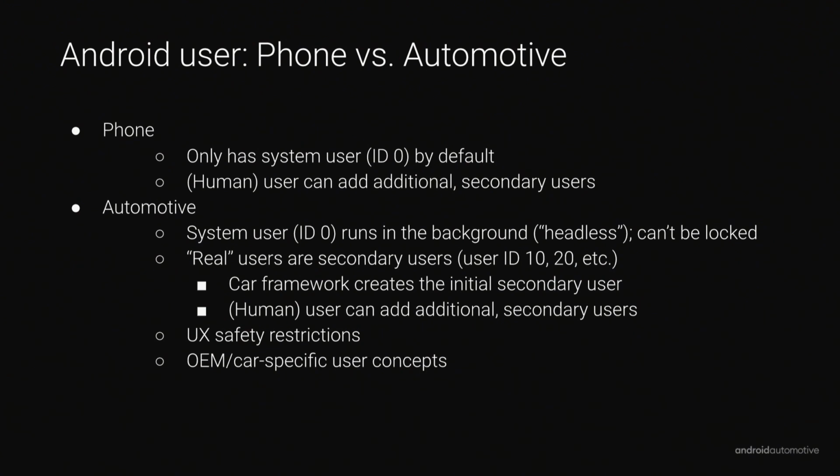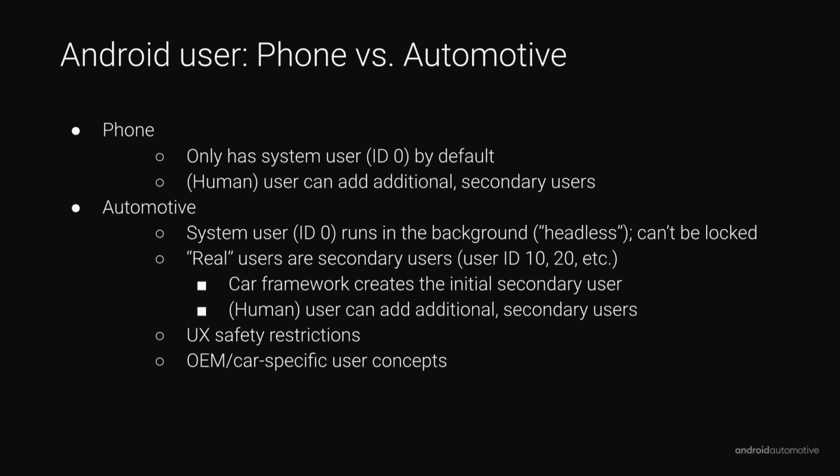Also, a lot of cars might have their own concept of users. Especially on high-end trims, they might have what a lot of manufacturers call memory set, where you can set up some characteristics of some ECUs, like the seat position and mirror position, and you would want to associate that with specific drivers.